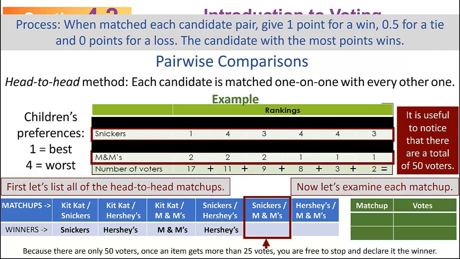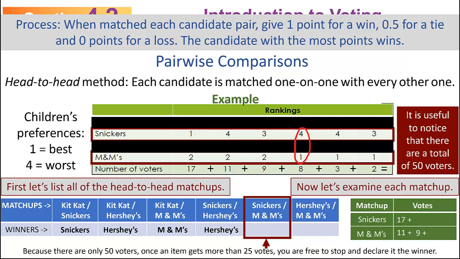The next matchup is Snickers versus M&M's. If you look at that, 1 beats 2, so Snickers wins those 17 votes. In the next column, 2 beats 4, so M&M wins and gets those 11 votes. In the next column, 2 beats 3, so M&M wins again those 9 votes.